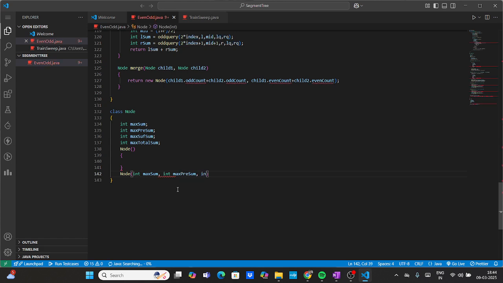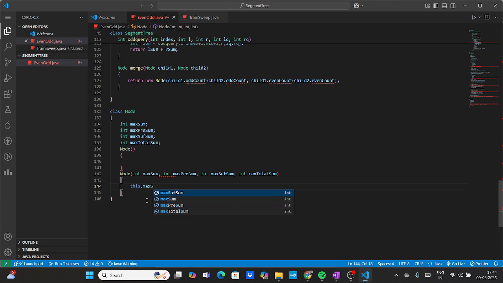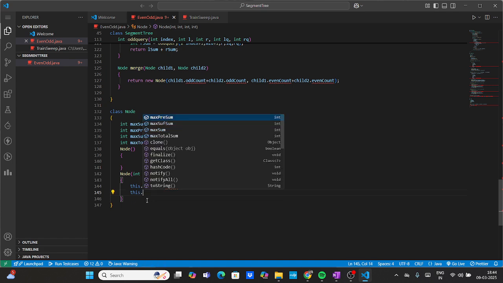Okay, let me write it. Getters, sorry, nothing. this dot max sum. If it was IntelliJ, I guess it would be a little easy. But okay.